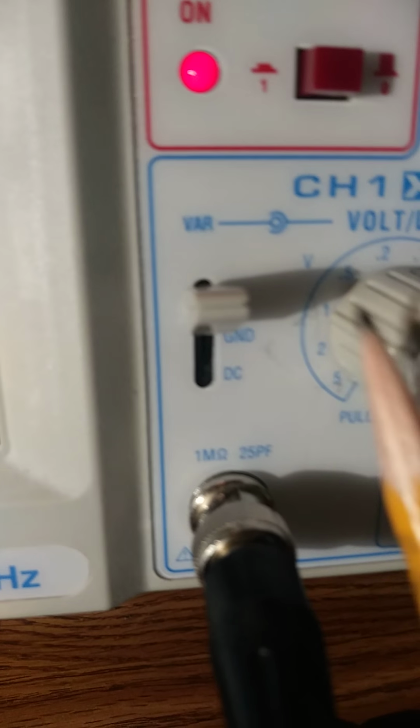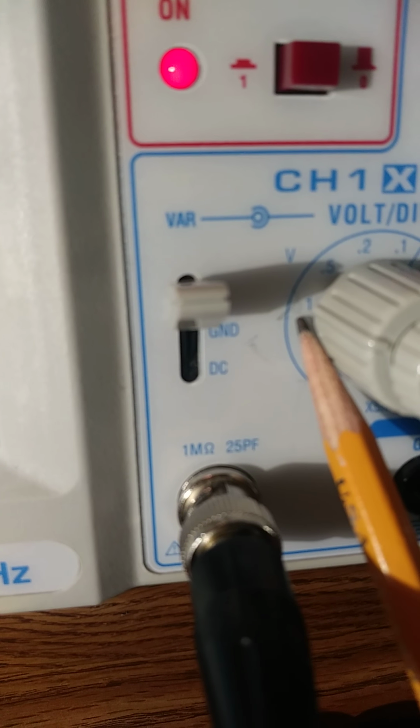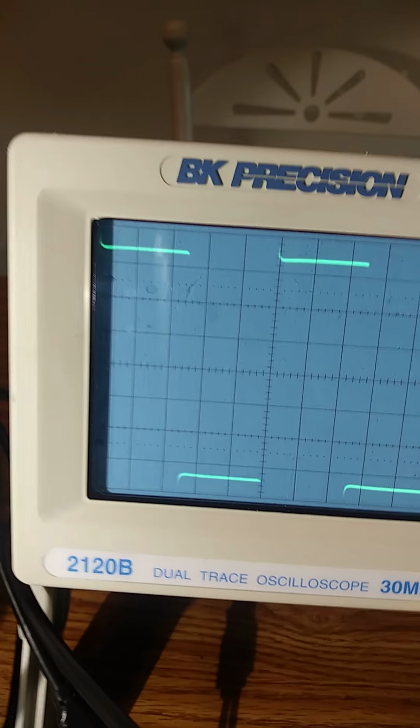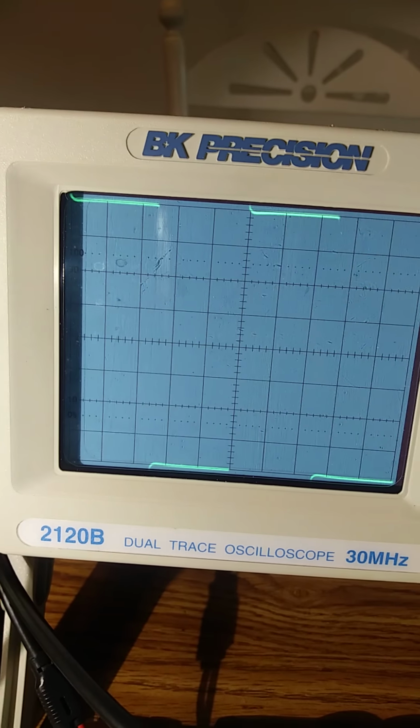All right, let's do this again. Now I'm going to change the volts per centimeter square to 1. Okay, so I've changed the volts per centimeter to 1 right there. And I'm going to increase the amplitude to full scale.